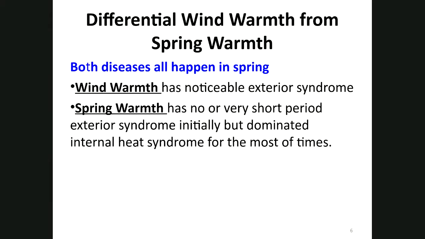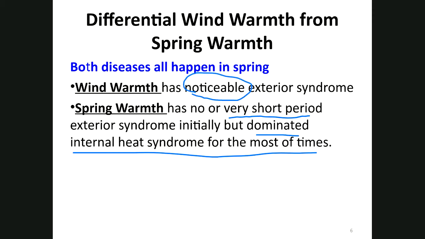That's why in the wei level it is a very, very short period, and then it is dominant with all the qi level conditions. Wind warmth has a more noticeable wei level, but spring warmth does not have a noticeable one. They can transmit into the qi level very quickly. Yes, and in the very early stage, the wei level of these two can very easily get confused.